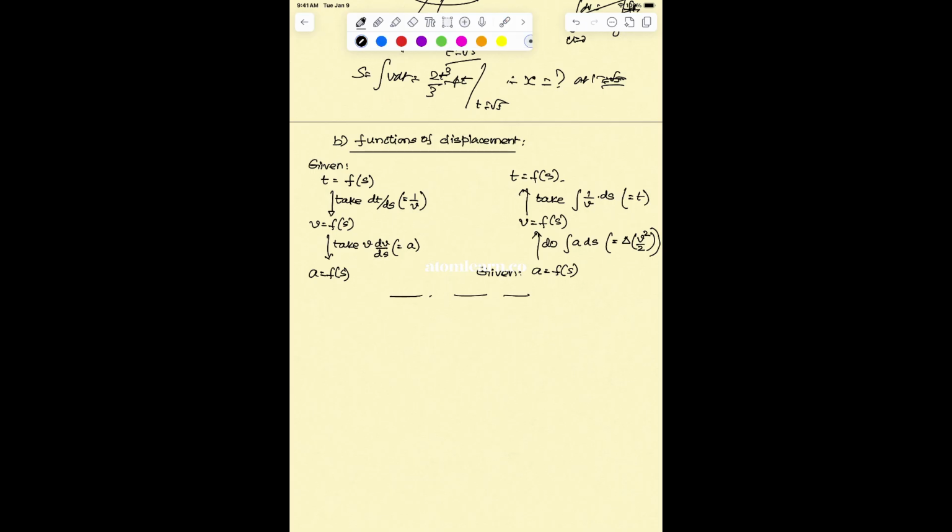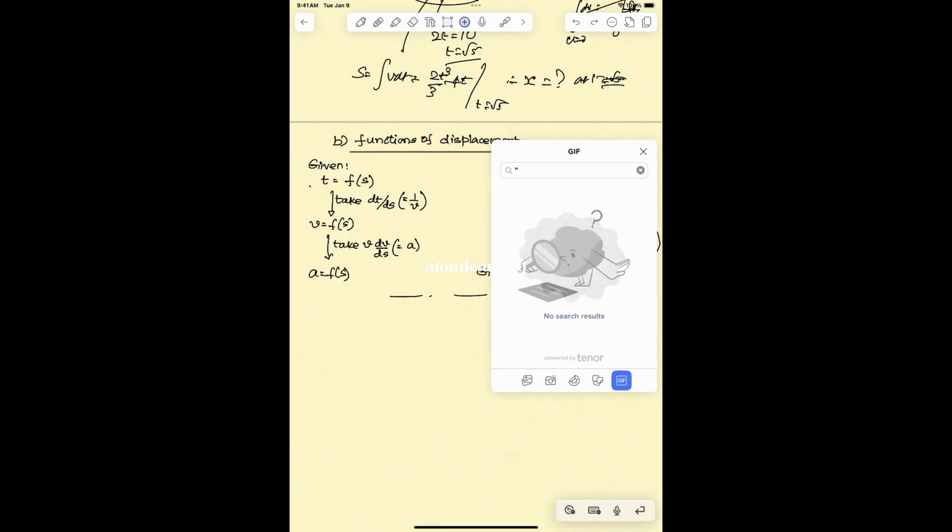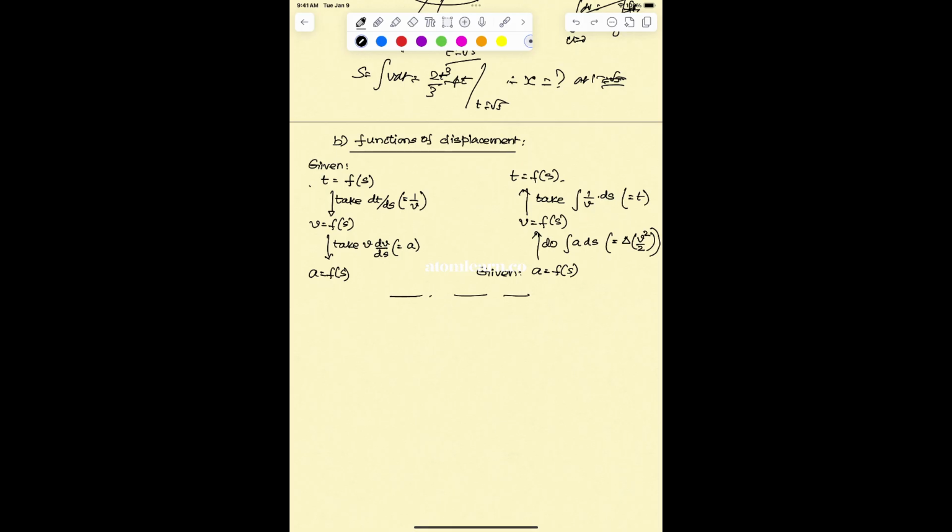Now supposing they give this, let us say the starting is time. Sorry, once again. Okay, now starting is, they are giving time as a function of displacement. Therefore, what should we do?